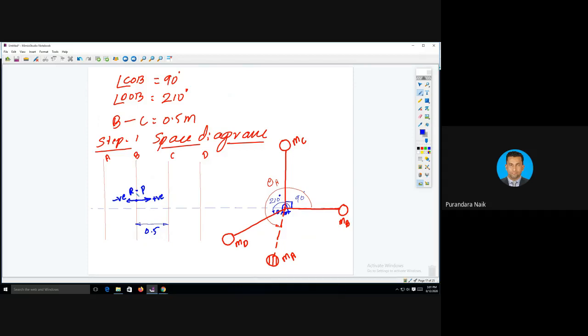Okay, let us consider the distance between A to B as x and B to D as y. It will be easy to analyze. That's why I am going to take it as x and y.